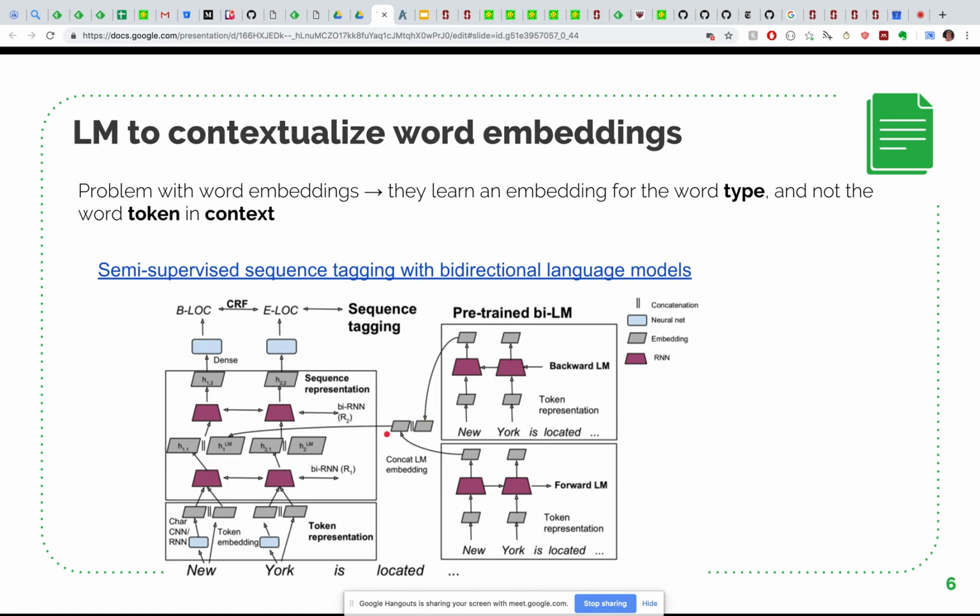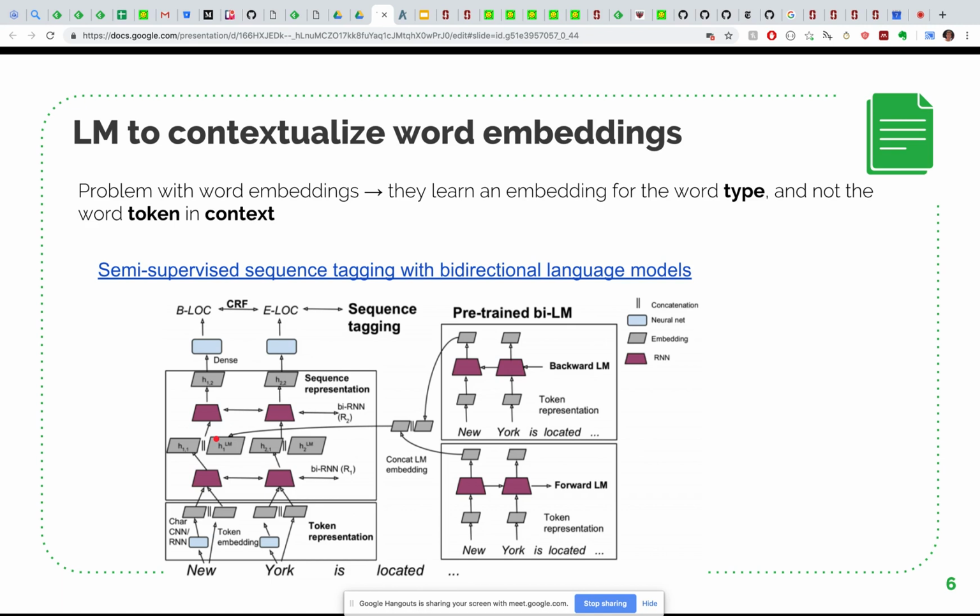In this paper, they use a regular LSTM model to do named entity recognition, and they concatenate the contextualized representation to the word embeddings representation, and this produced better results.